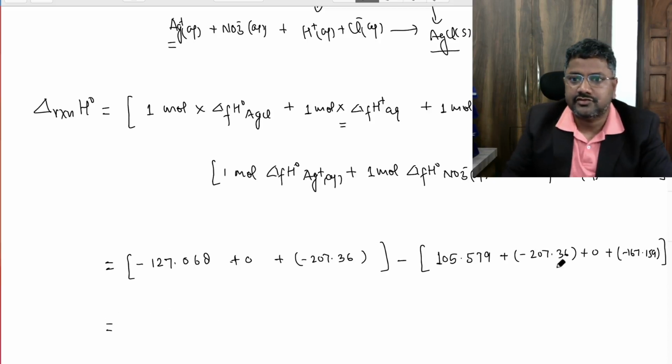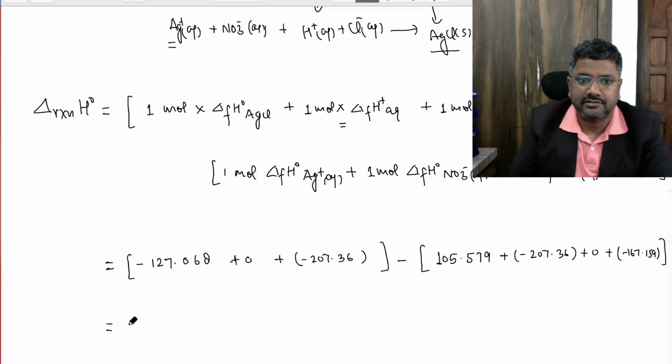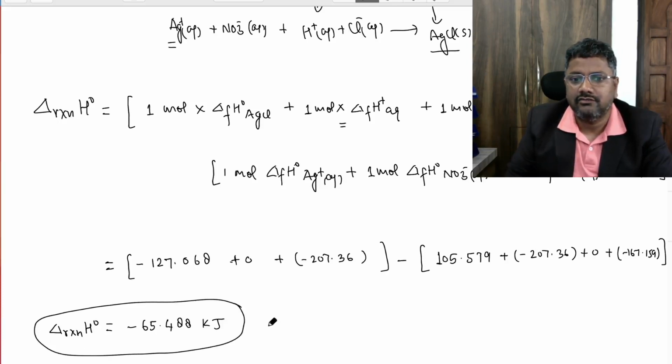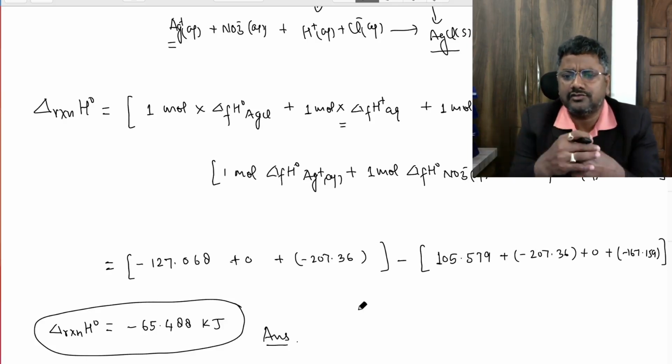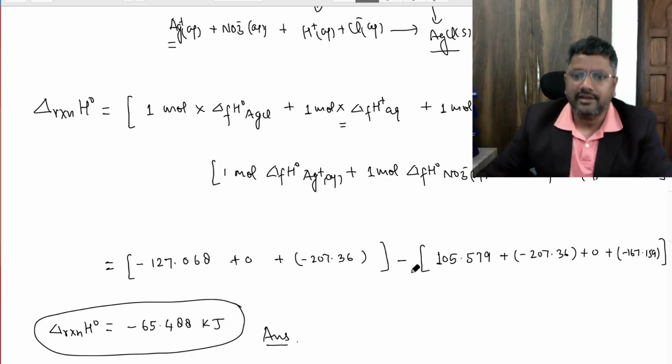So if you solve this equation, you will get minus 65.488 kilojoules, right? So in this reaction, this amount of heat energy will change, right? So on the basis of the delta H of formation of ions or molecules, whatever is given, you can calculate the delta H for any reaction.